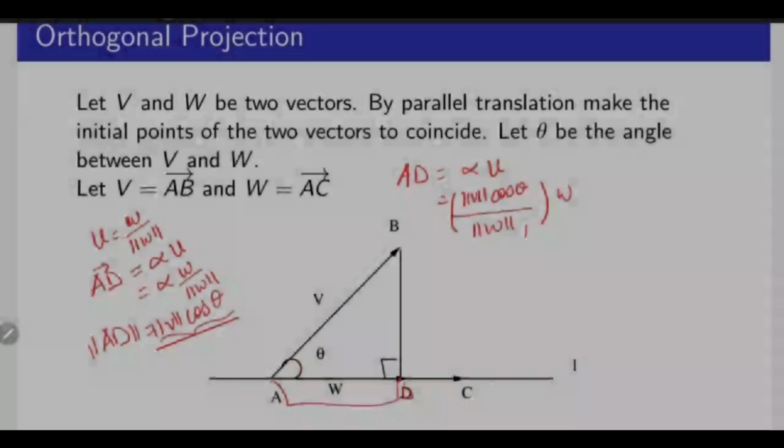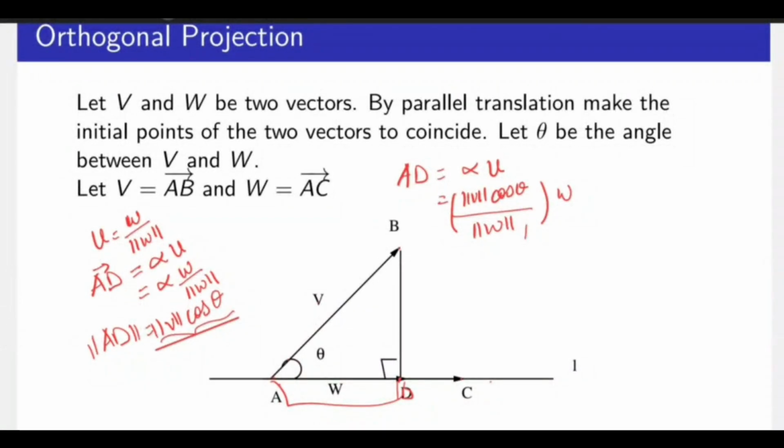So the direction of the vector AD is the same as w if theta is acute, whereas the direction of AD is opposite to w if theta is obtuse.